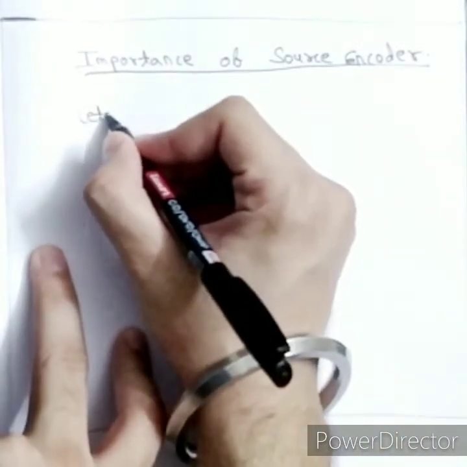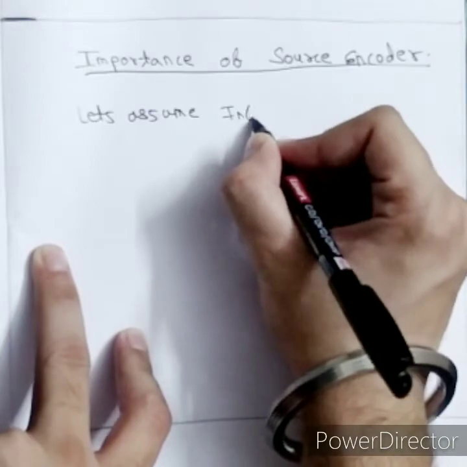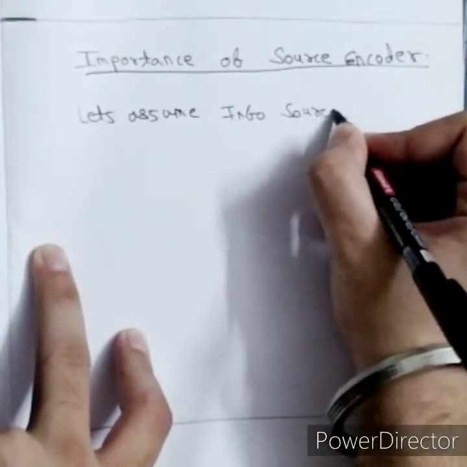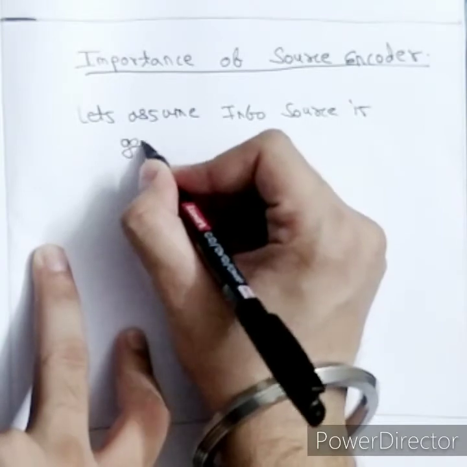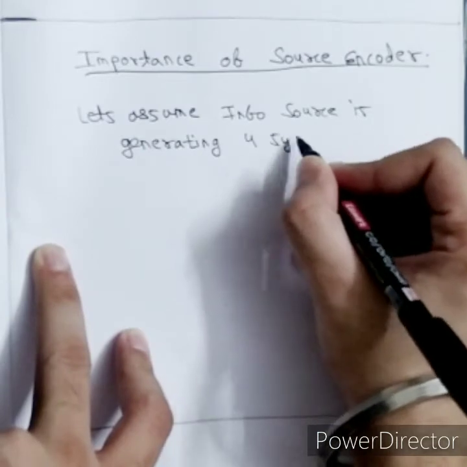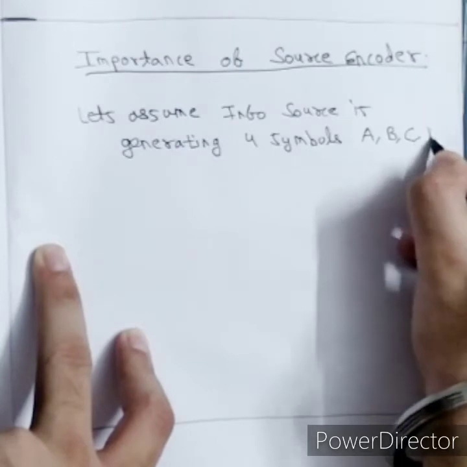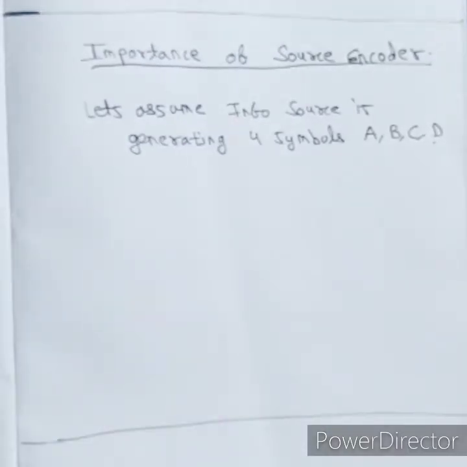So whatever I said, I will explain by using an example. So let's assume the information source is generating four symbols: A, B, C, D. As there are four symbols and they are discrete symbols, it is a digital information source.